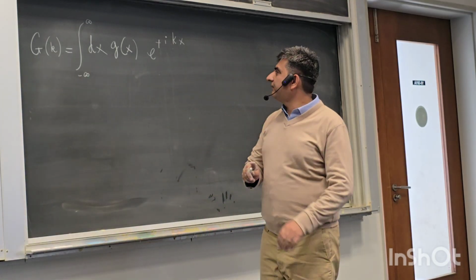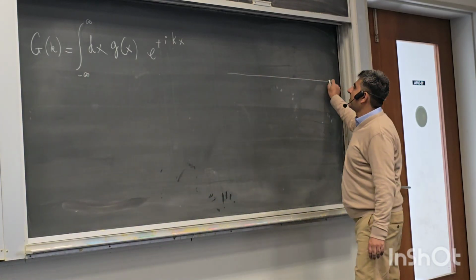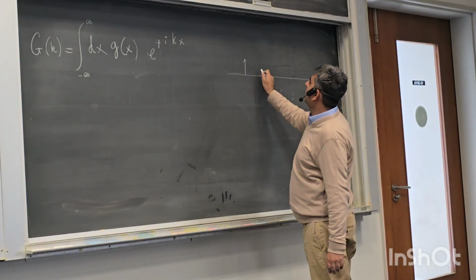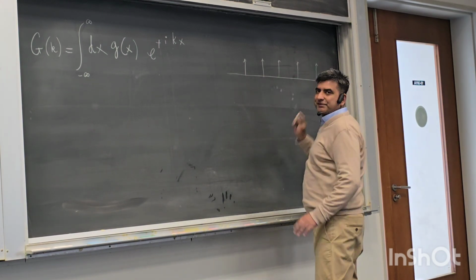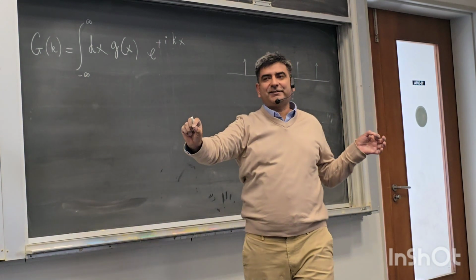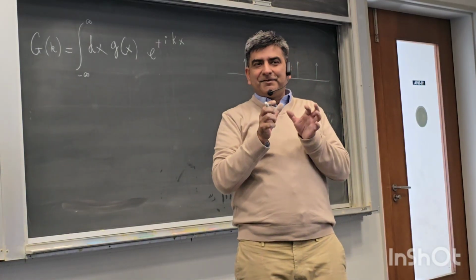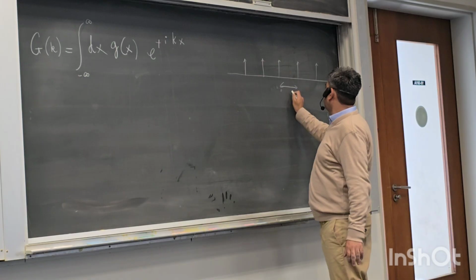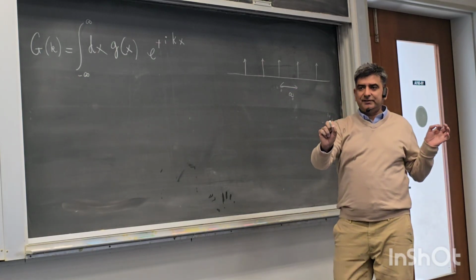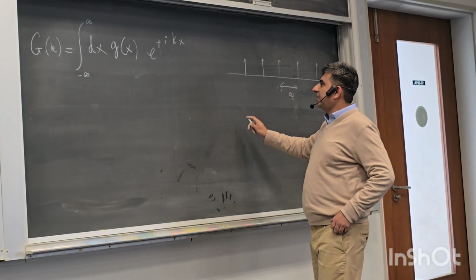Now, if I have a 1D lattice which comprises a train of Dirac delta functions, which is a simple one-dimensional lattice. It's just points that are separated by some periodicity a, which is the unit cell length. Then what is this g(x)?